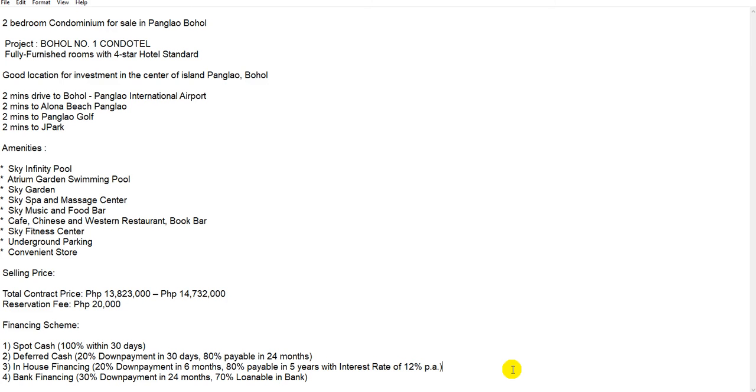Try to master the project first, because once you post any advertisement, for example in Property 24, in Lamudi, or in your website, and you include your contact number, the buyer will start asking you for more details. So if you do not give it 1 week to study, the buyer will notice that you're not really familiar with the project.